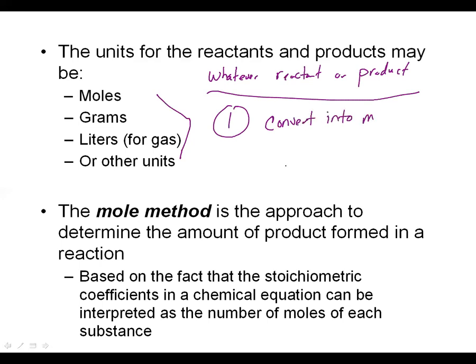And very common, you're given grams. So again, the first step is you take the grams and you convert them into moles, using that molar mass from the periodic table.